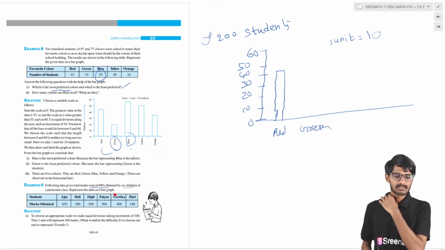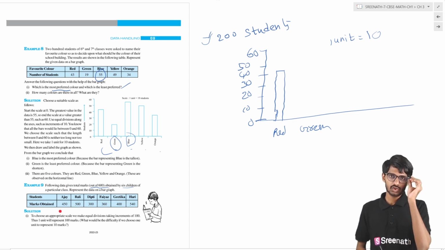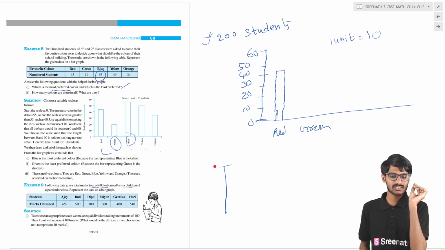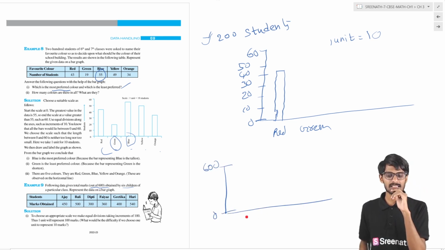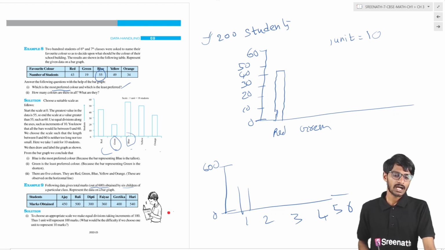There are 6 children, and they are getting total marks out of 600. So you have to choose a scale where the maximum value is 600 from 0. In the x-axis, how many? There are 6 students. Now you have to name them 1, 2, up to 6. You have to name every student and draw the bar graphs accordingly. Take 1 unit equal to 100.